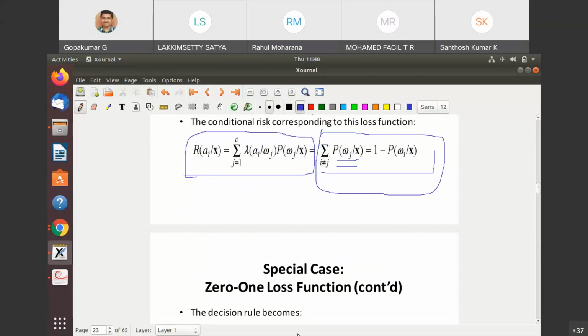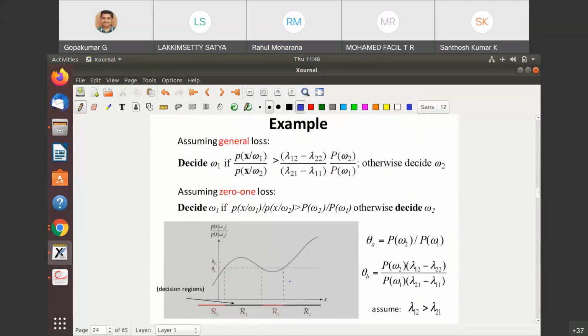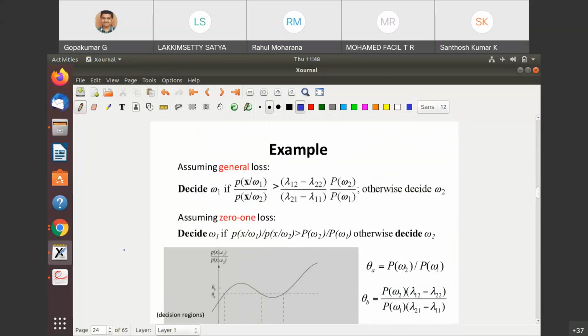And generally, we are generalizing the Bayesian case for a feature vector. So this is also another example. We are not going into the details, but we are just calculating these values and substituting them in these equations to make a decision.